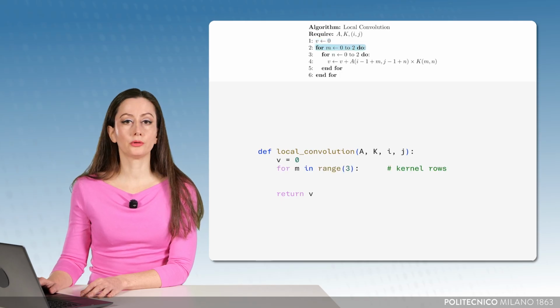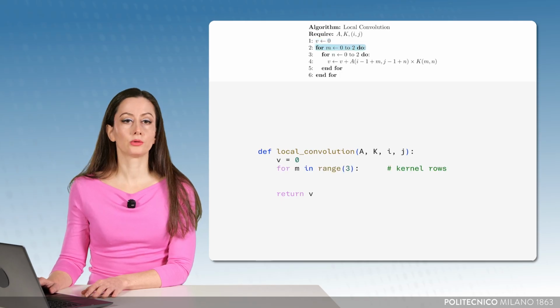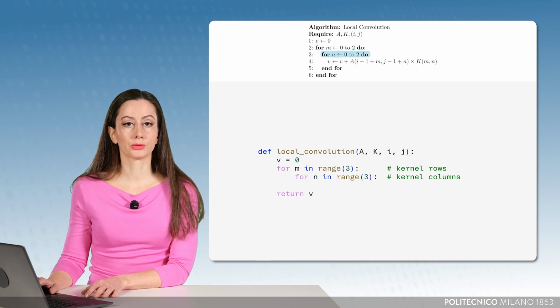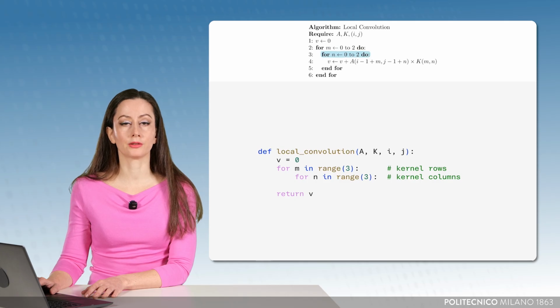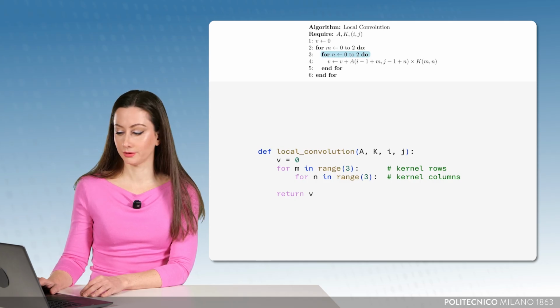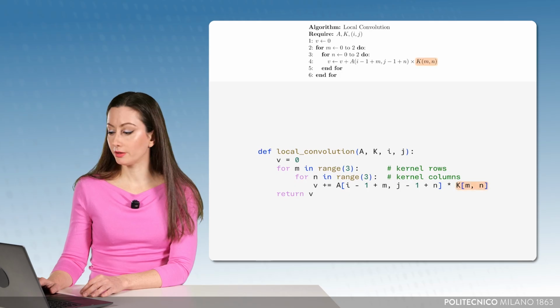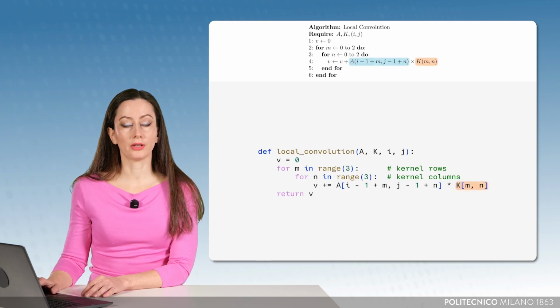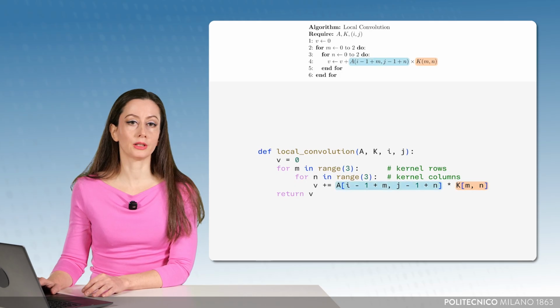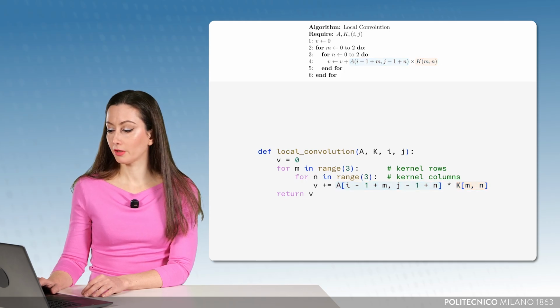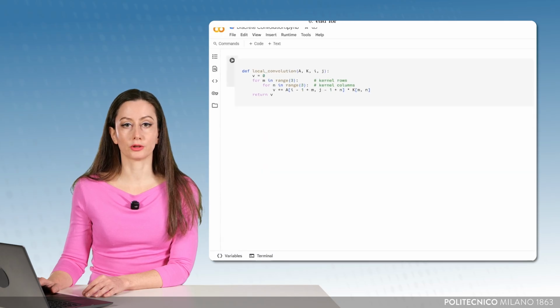Then we introduce two for loops, one to access the rows and the second to access the columns of the kernel. And notice that these two loops are nested, meaning they are one inside the other. Now for each position in the kernel, we compute the product of its value and the corresponding pixel in the image, and we add it to v. Finally, we return v, which is the value of a single filtered pixel.